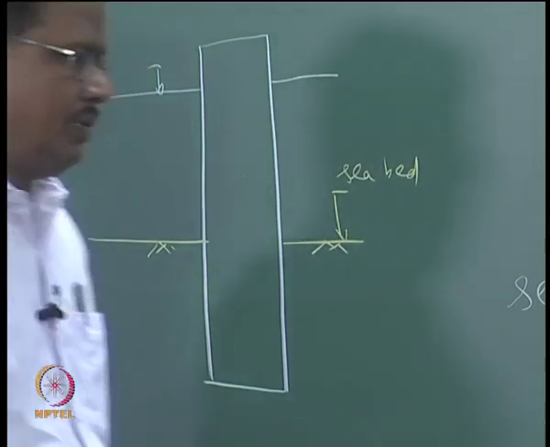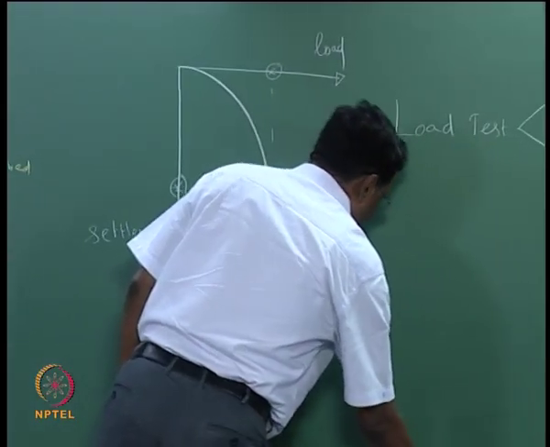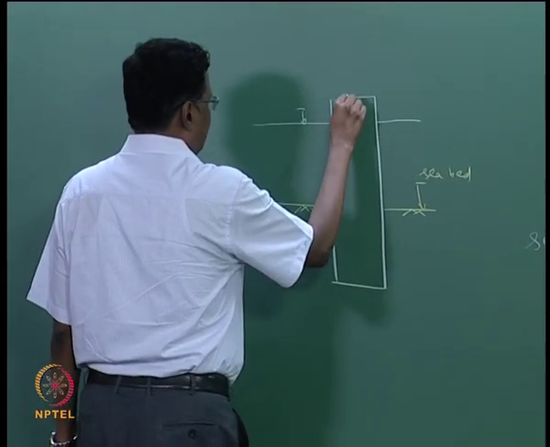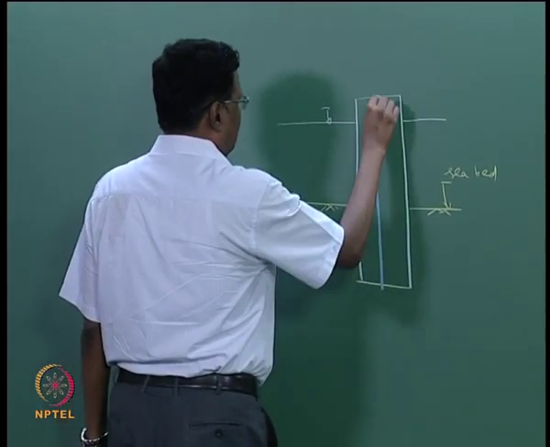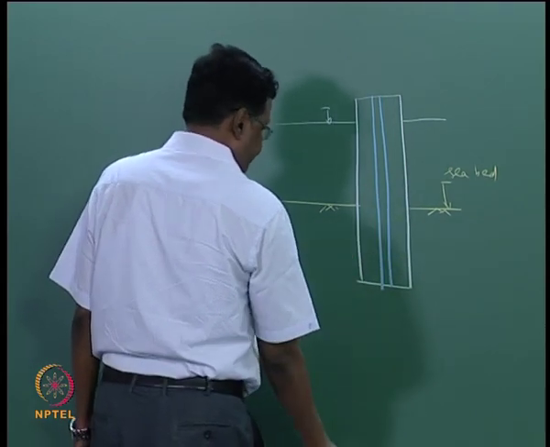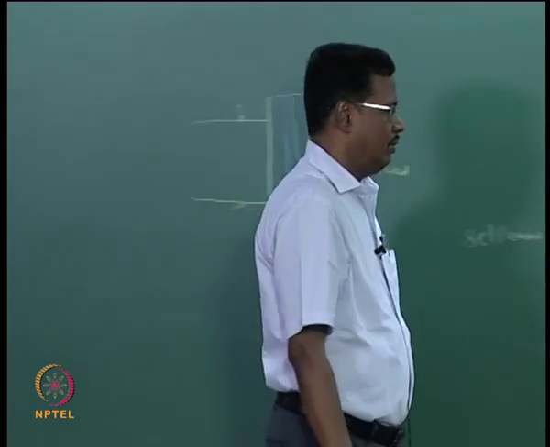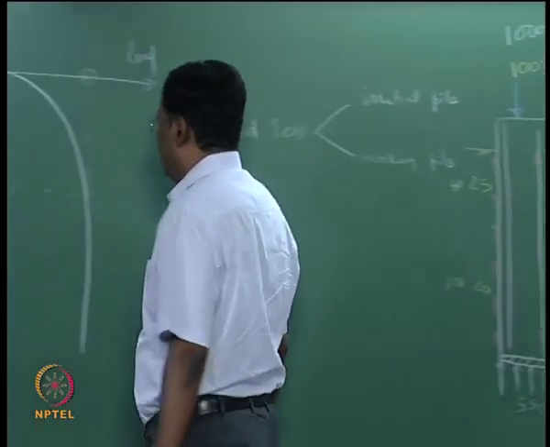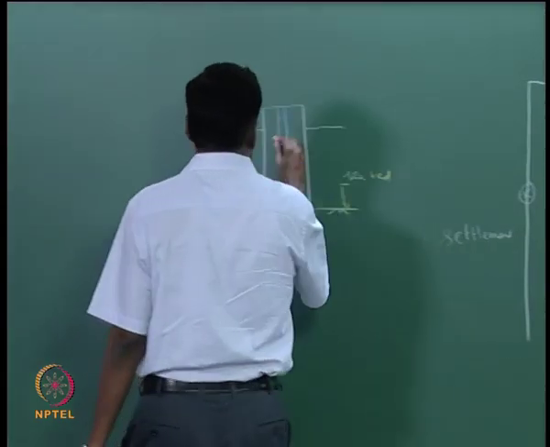So in this particular method we will have a hole made inside. Through this hole we will be inserting one anchor.